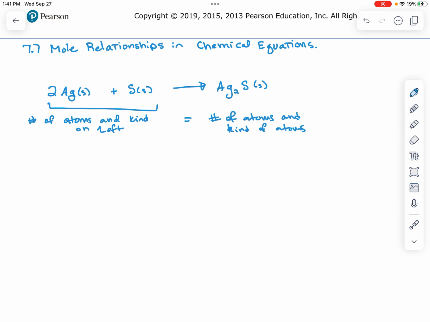So however many moles of silver we have on the left, we have the same number of moles of silver atoms on the right.